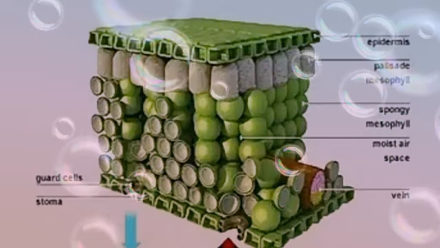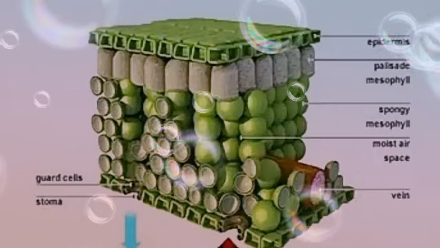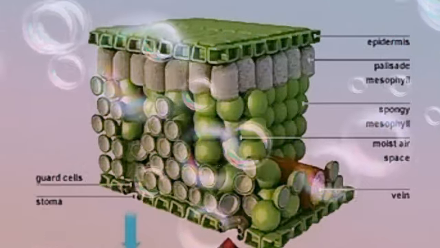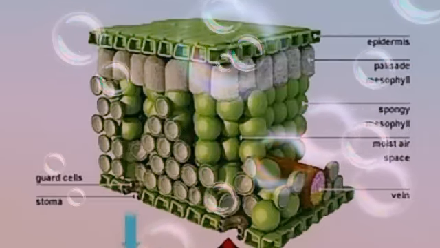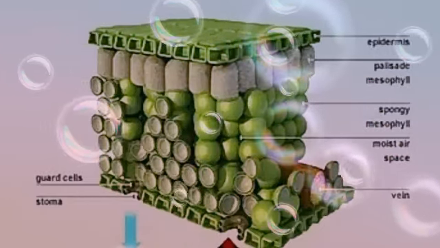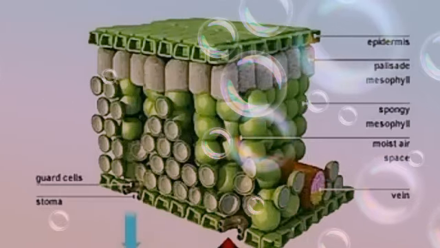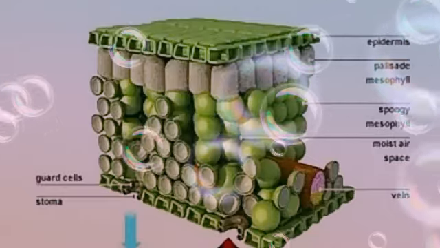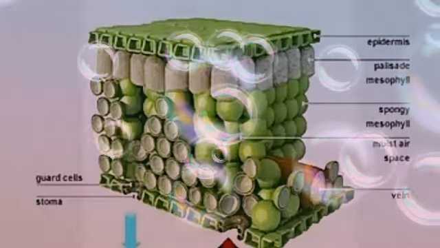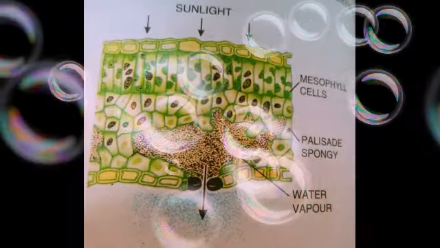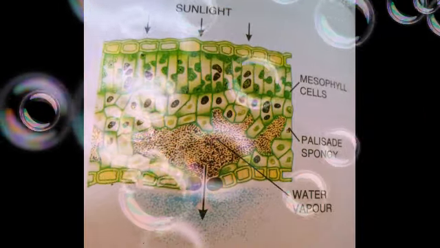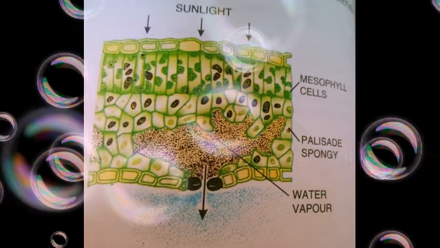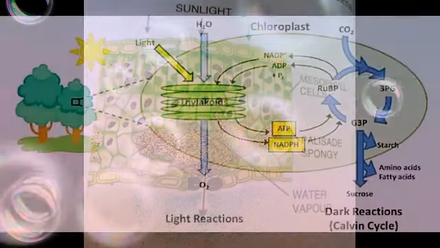The chemical equation which is taking place is 6CO2 plus 12H2O, mixed with the light energy, and the chlorophyll is also working on it, and it gives glucose, that is C6H12O6, plus 6H2O in the form of water, and oxygen is also given out as a product.